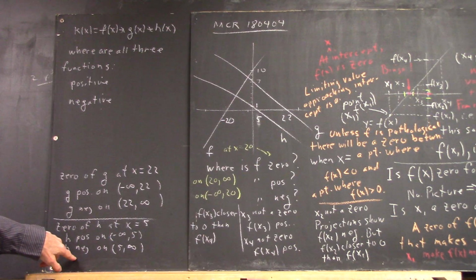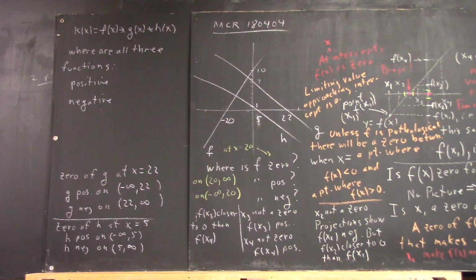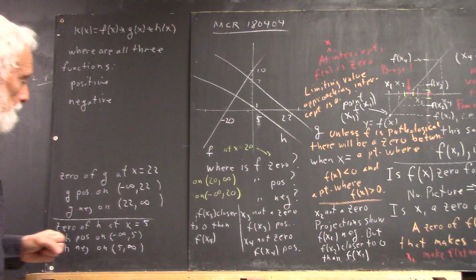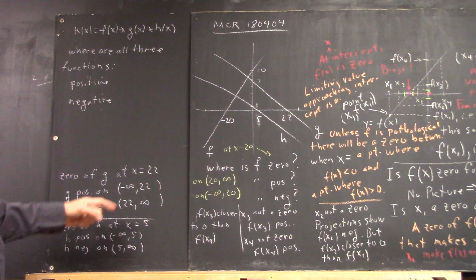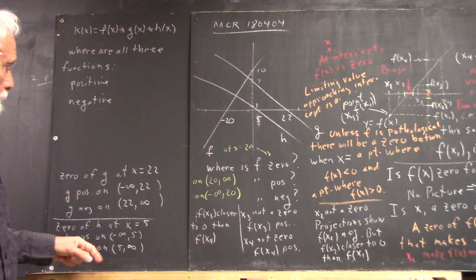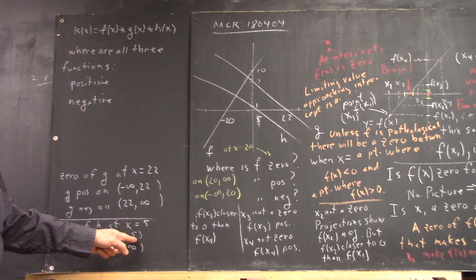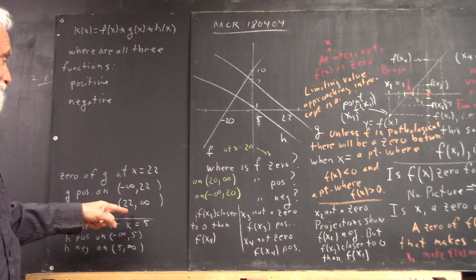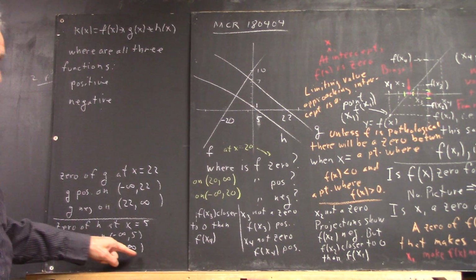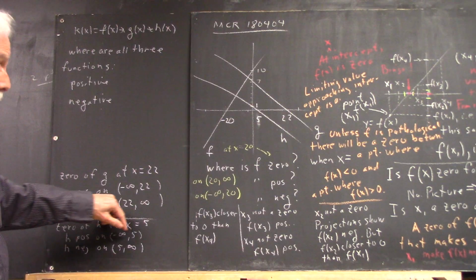Now we can write that out more formally with intersections and unions, which I hope you remember something about. But it should be clear that if G is positive from negative infinity to 22 and H is positive from negative infinity to 5, and H isn't positive past 5, then they're both positive only between negative infinity and 5.